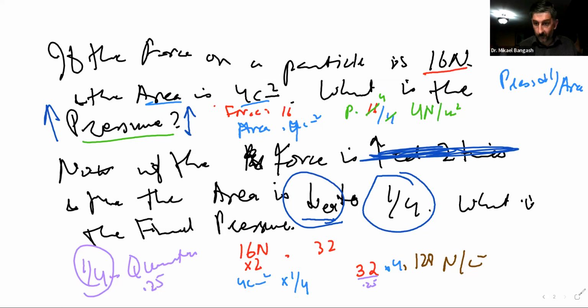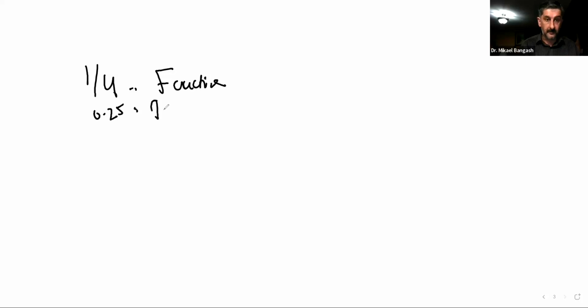So 1/4, that is just a fraction expressing a decimal value of a whole, which means it can also be written as 0.25. It is the same value expressed as a decimal.